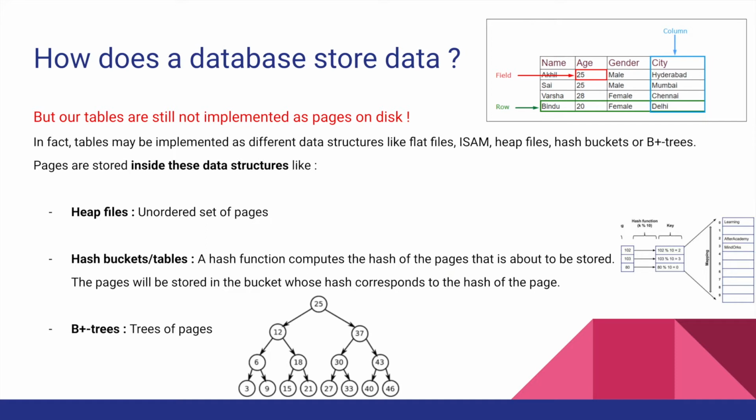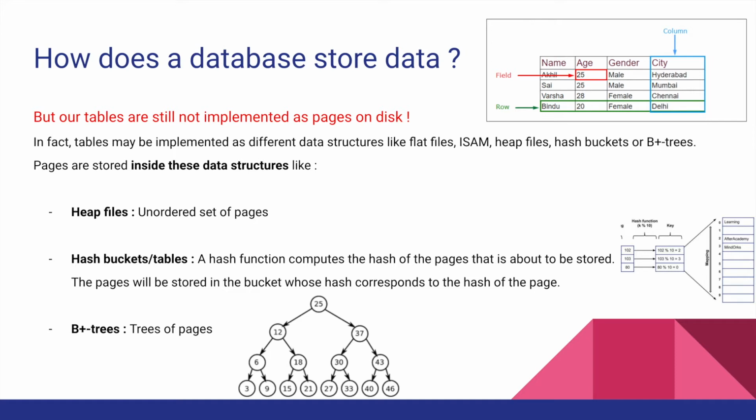If we consider the main data structures in use in RDBMS, we have heap files, which are an unordered set of pages. You also have hash bucket or hash table. To explain briefly, we have a hash function that computes the hash of the page. This page will be stored in the bucket whose hash corresponds to the hash of the page.